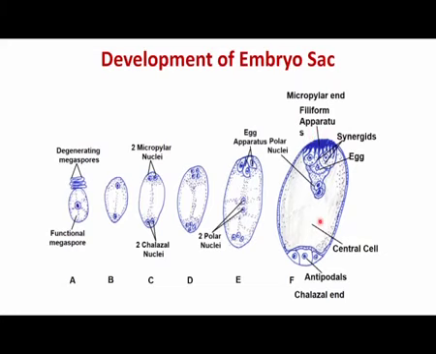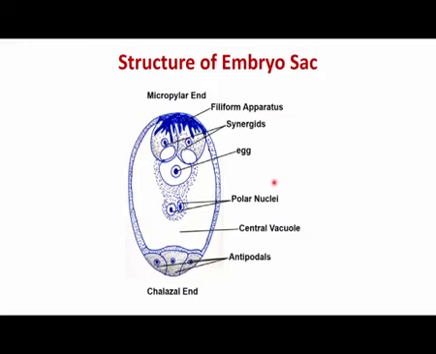So, in a fully developed embryo sac, you have the polar nuclei in the center, the synergids on the micropylar end, and the antipodal cells on the chalazal end. A fully developed embryo sac consists of 7 cells, with a single egg or oospore at the micropylar end.